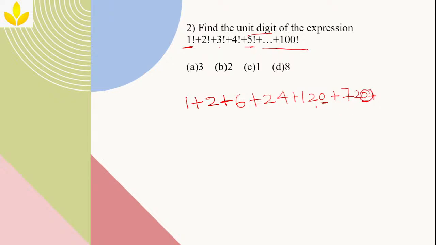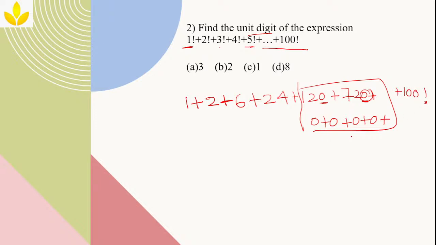We need only the last digit. And after 5 factorial, if I am getting all of them as 0, why I have to calculate all of them? So all these 0s together till 100 factorial are giving me 0.